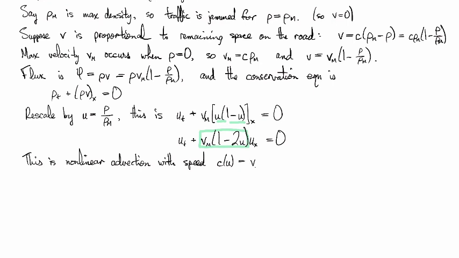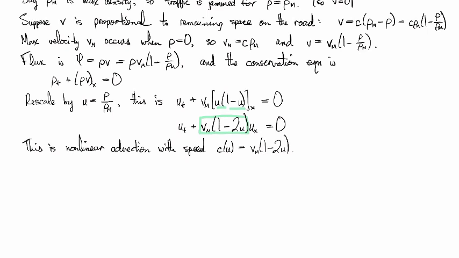So that's Vm (1 minus 2u). So this is the speed of a traffic wave. So this is like the speed of, say, a traffic jam.